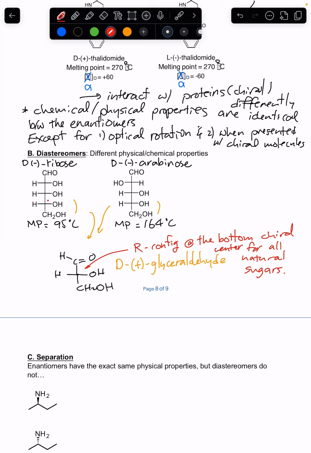Right, so these guys all have the same chiral center here because everything is derived from the D-glyceraldehyde, so all natural sugars are D sugars for that reason. Okay. Now, these two also have different biological properties.